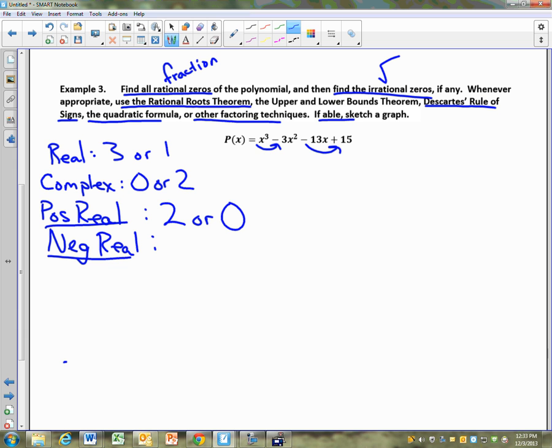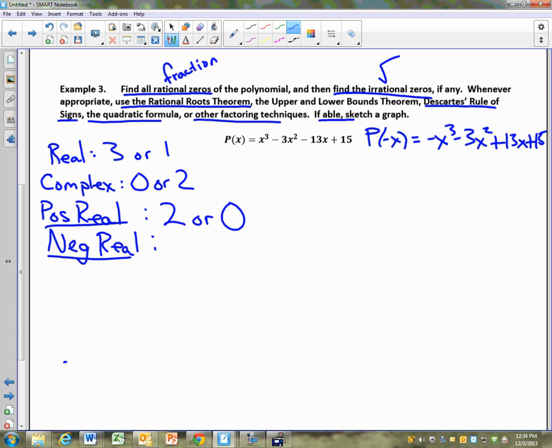If I want to look at the negative reals, what do I have to do? Yep, p of negative x. You plug in that negative x, and you get negative x to the 3rd minus 3x squared plus 13x plus 15. When you plug in a negative x, the odd exponents will have the sign change.